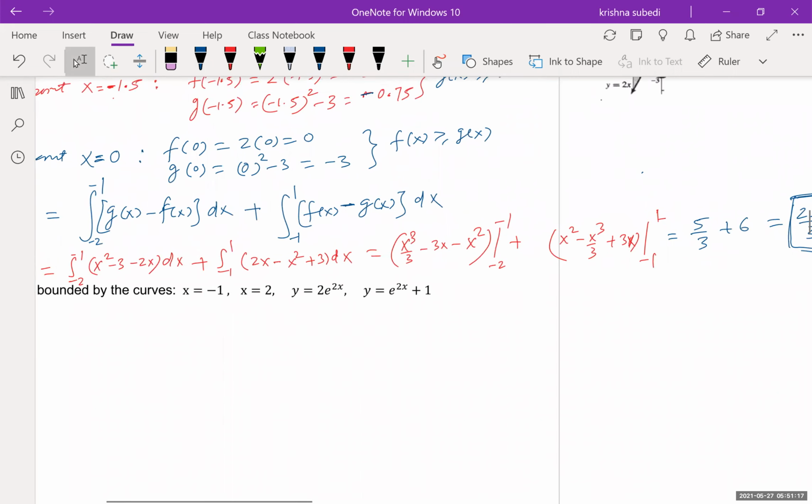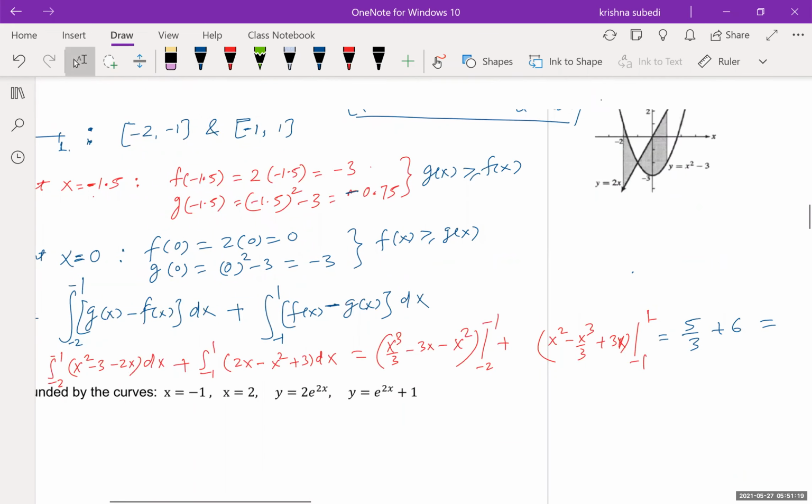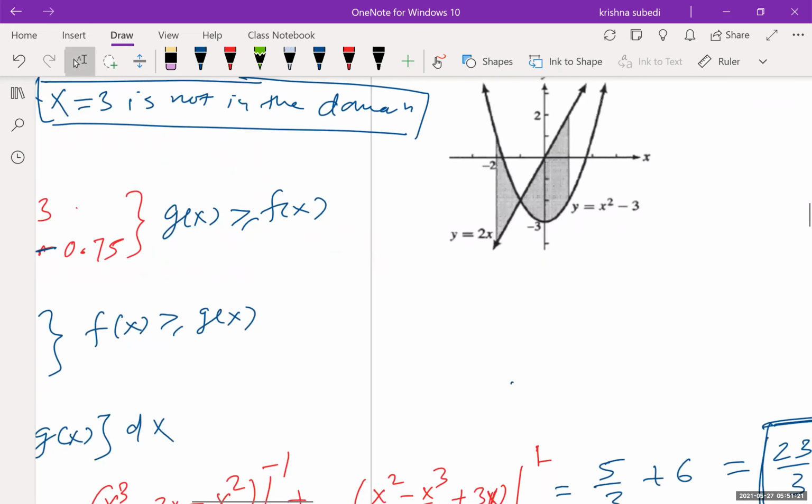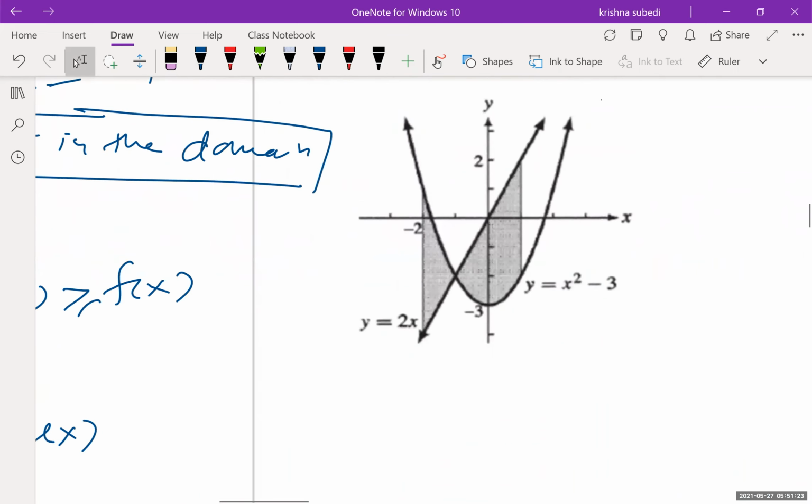Now, if you want to draw the graph and look at this graphically, this is what you will get. What we found is that the graph has an intersection at x equals -1, and that makes sense if you draw the graph.